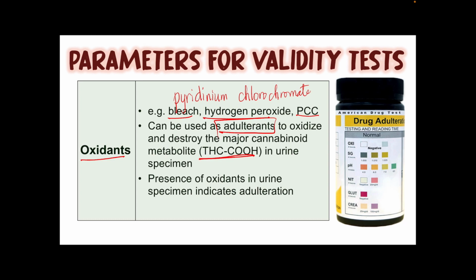And also, the presence of oxidants in the urine specimen indicates adulteration. So these are the negative reactions, and the moment it deviates to that color, then that means there is a presence of oxidants, and that means the urine is adulterated.